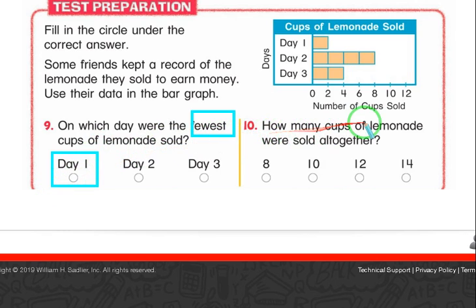Now how many cups of lemonade were sold all together? All together means addition. When we see the words all together, you have to know that this is addition, okay? 1, 2, 3, 4, 5, 6, 7. So we have 7 squares, and each square stands for 2.